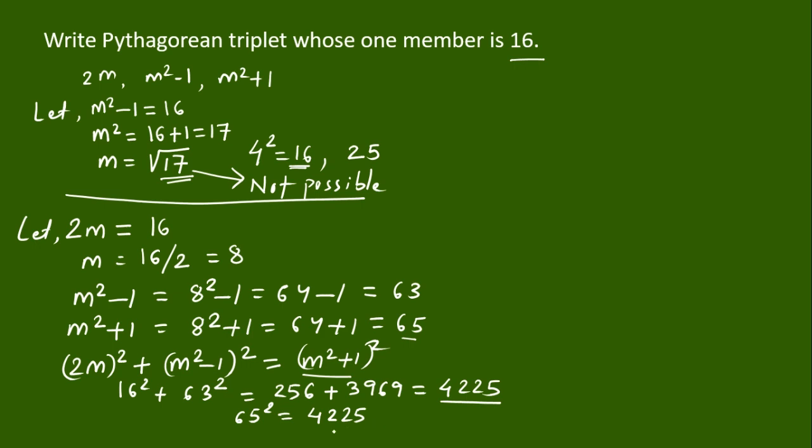So on the right hand side also I am getting 4225, and on the left hand side also I found 4225. So these two numbers are the same. So my Pythagorean triplets will be 16, 63, and 65. In this way, we can find out the Pythagorean triplets if one of the Pythagorean triplet members is given to us.